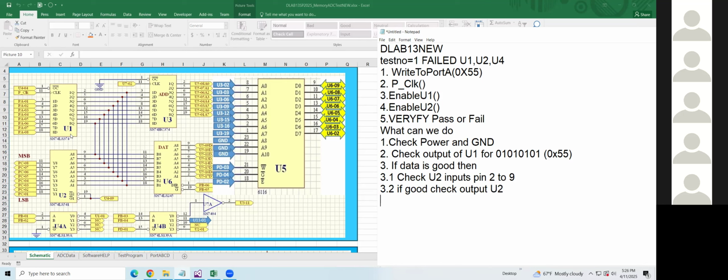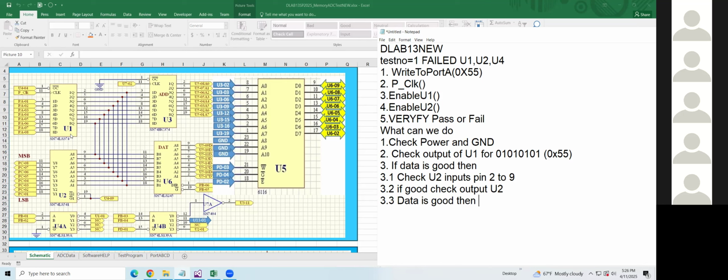Now I'm just talking about good. 3.3. Data is good. Then what next? U4.